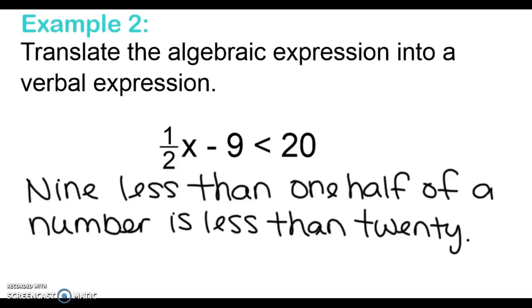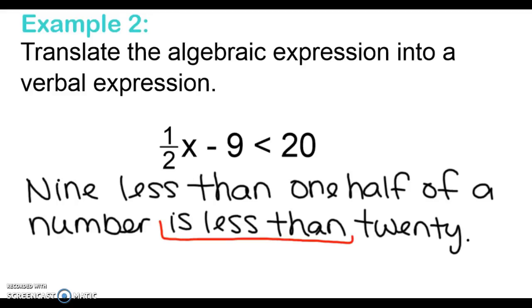There's a big difference between both of them. When we want to represent an inequality, we always want to put the word is in front of it. So in this case we have less than, so I would say is less than, or is greater than, or is greater than or equal to. So when you have an inequality, you want to always make sure you put the word is in front.